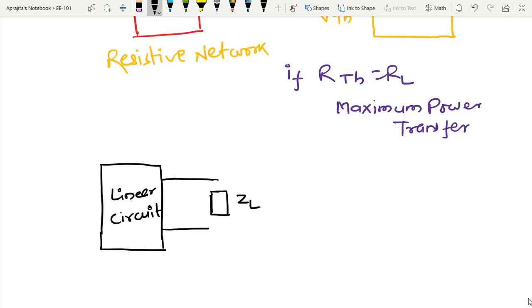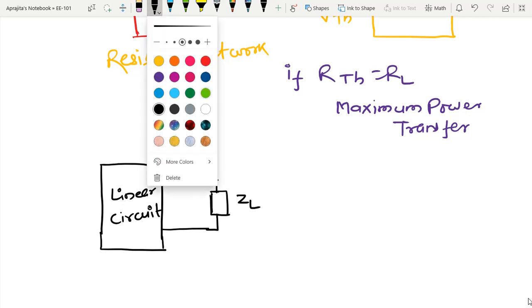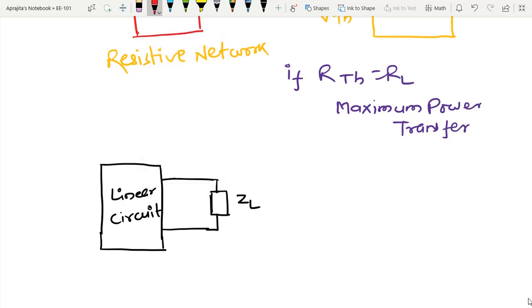Here I am taking a load which is represented by some kind of impedance, and we are well aware of the meaning of impedance. So whatever load I have connected, that is the impedance, and this is now our AC circuit, and the problem statement remains the same.